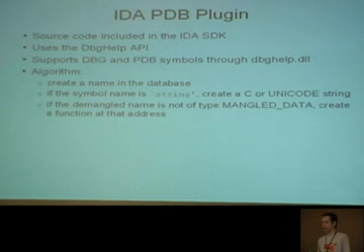Its algorithm is very simple. It iterates through all symbols in forward order. For each symbol, it just creates a name in the database, and then it does some very limited guessing based on the symbol name. If the symbol name is string, then it creates a C or a Unicode string. And the string name is what the Microsoft compiler creates for string literals.